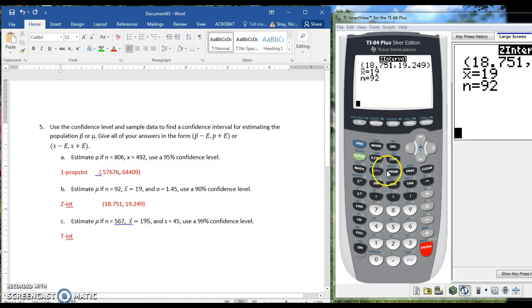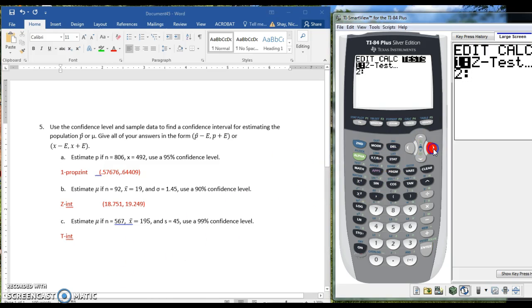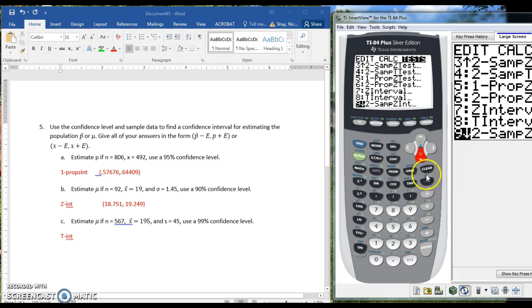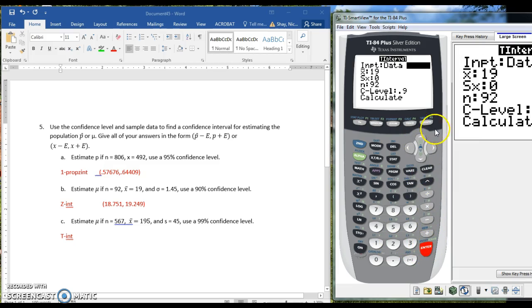The last one for the sample, we're going to use the t-interval, so I'm going to go over. We're going to scroll down. I think it's number 8 for me is the t-interval. Again, these numbers might be slightly different in your calculator, but you will have that in there if you've got a TI 83 or 84. Select stats. How many people are we working with? First thing is our sample mean, which was 195. Standard deviation is 45.